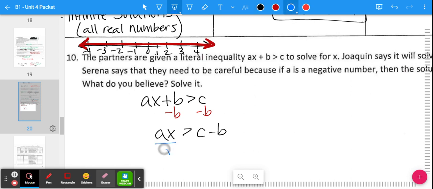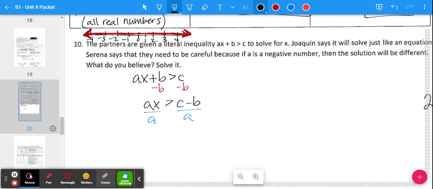So when we divide by a on both sides of the inequality, we're left with x is greater than c minus b divided by a. Remember, with literal equations, you're not going to get one answer. Sometimes you can simplify parts of it. Most of the time you cannot.